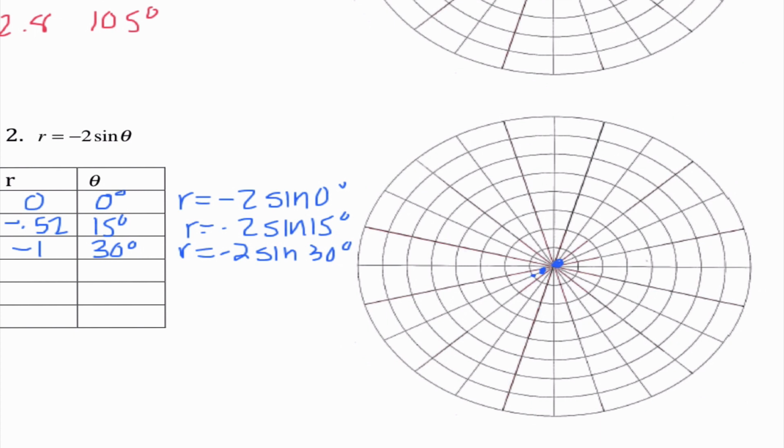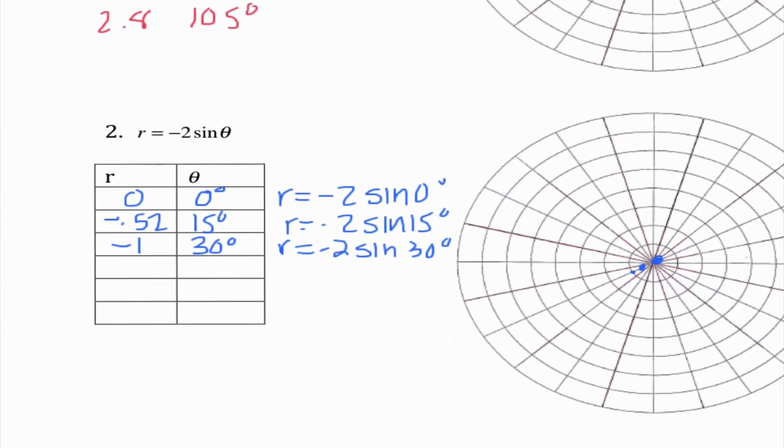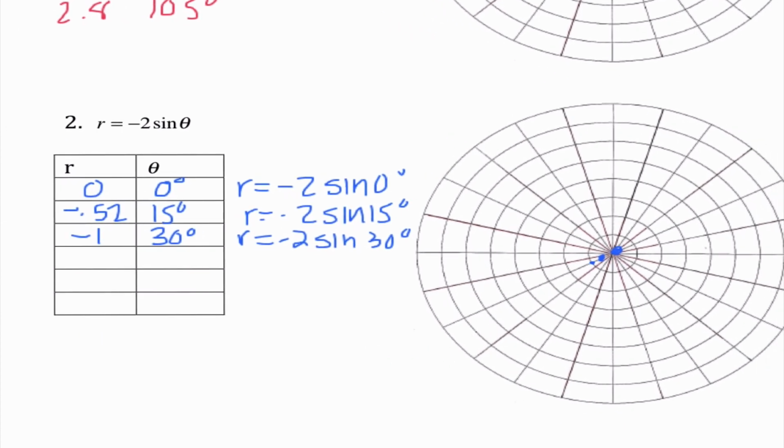There we go. At this point, I'm not really seeing what's happening, so I'm going to keep going. Okay, if I put in 45 degrees, R equals negative 2 times sine of 45 degrees, I get negative 1.41. Okay, so at 45 degrees, it would be like somewhere here.